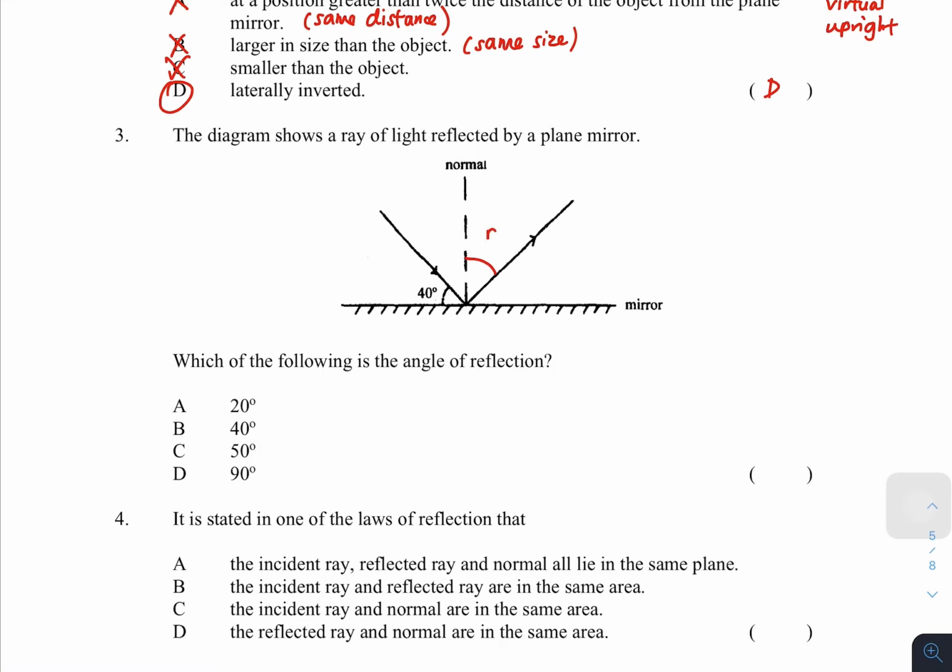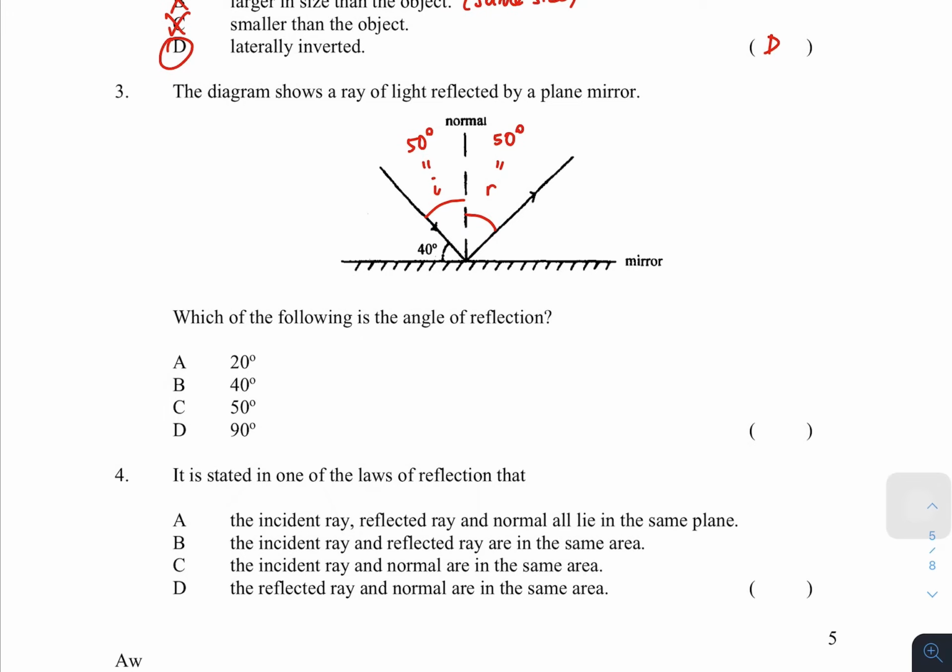Now before R, we have to look for our I. What is given is 40. So using the 40, we can find the value of our I. The normal and the mirror form 90 degrees, so I must be 50 degrees. By the law of reflection, I equals R. So R would also be 50 degrees. So the angle of reflection is 50 degrees, C.